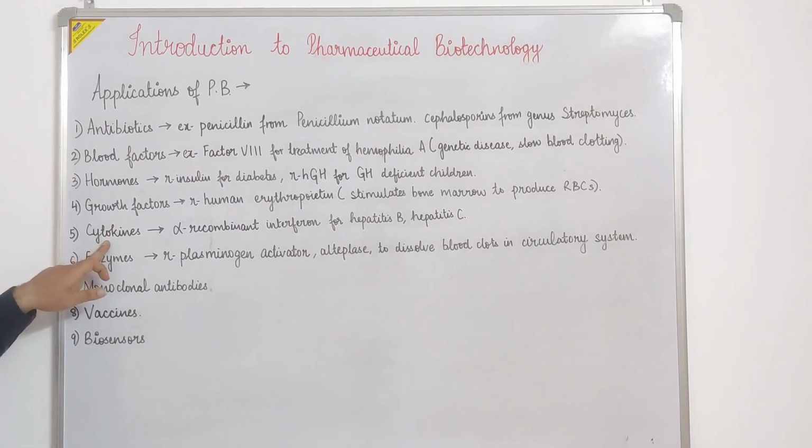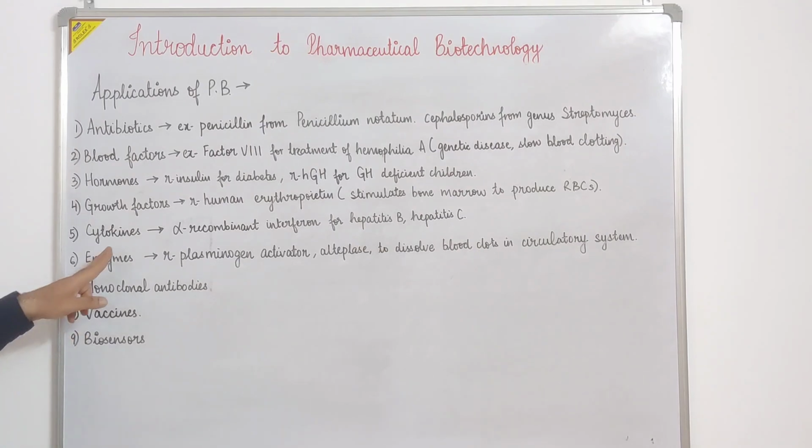Then we have cytokines. What the cytokines do is regulate the growth and differentiation of immune cells. They activate immune cells like lymphocytes or macrophages.